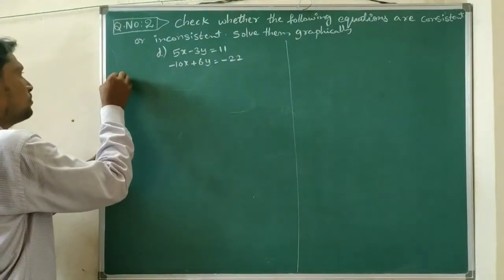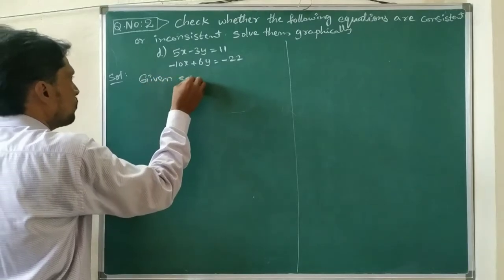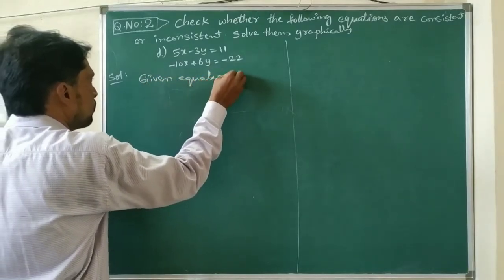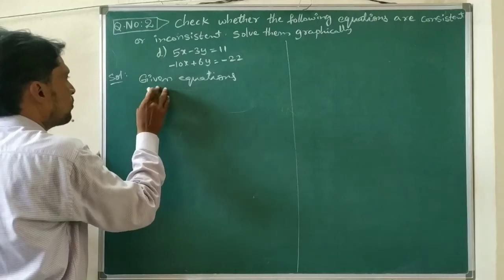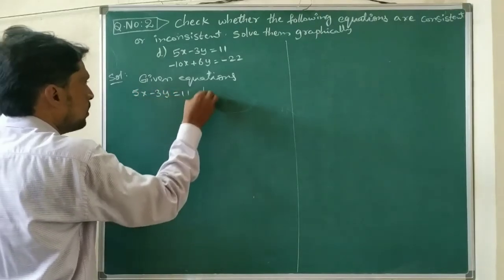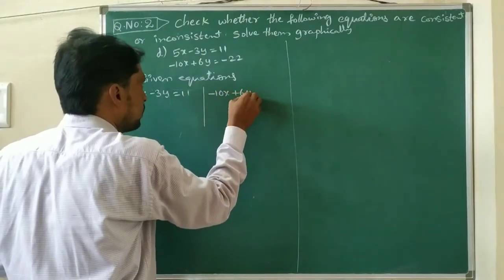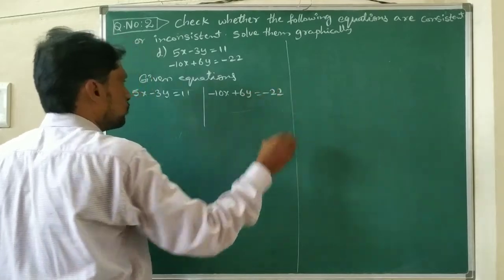Now see here, given equations. Solution. Given equations: 5x minus 3y equal to 11, and one more equation, minus 10x plus 6y equal to minus 22.